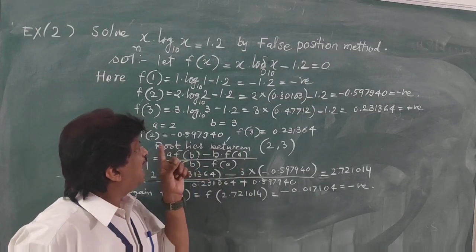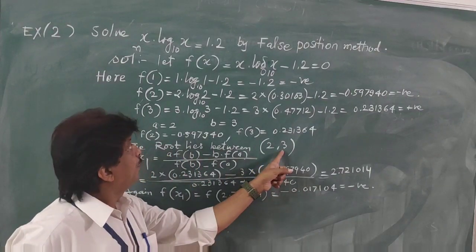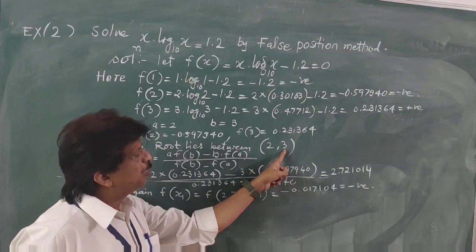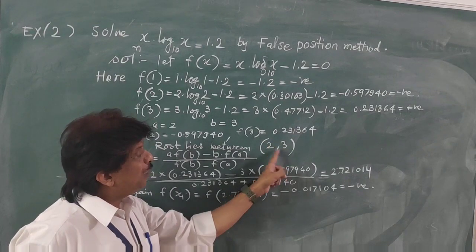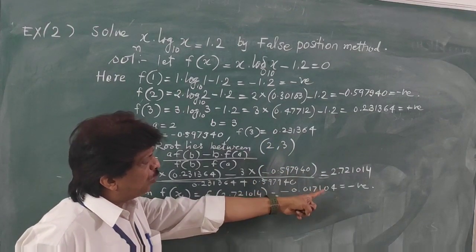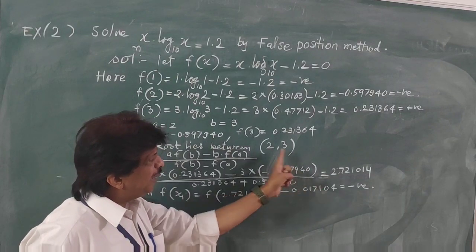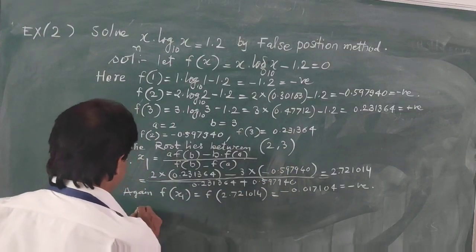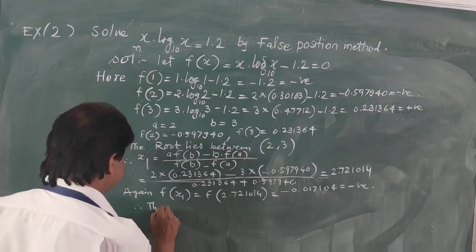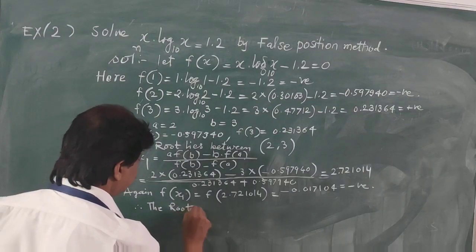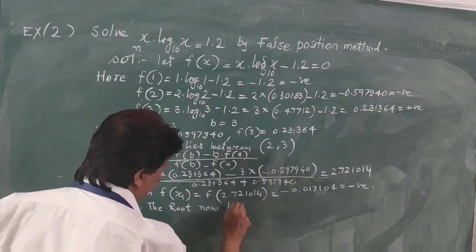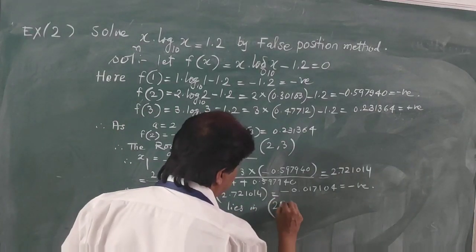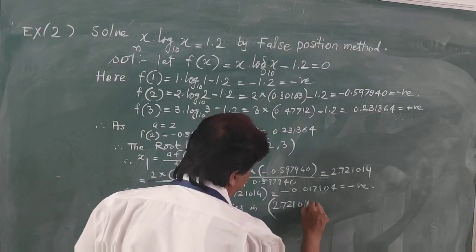Earlier, the root was lying between 2 and 3. F of 2 was negative, f of 3 was positive. And now, for this point 2.721014, the f value is negative and f of 3 is positive. What does this mean? Therefore, the root now lies in 2.721014 and 3.